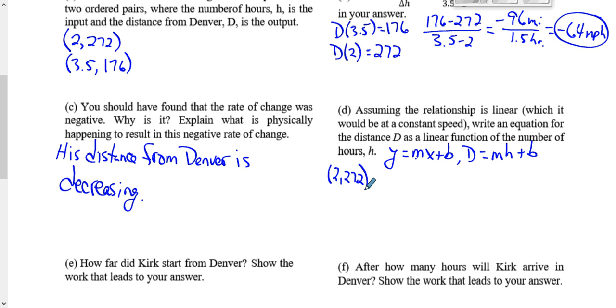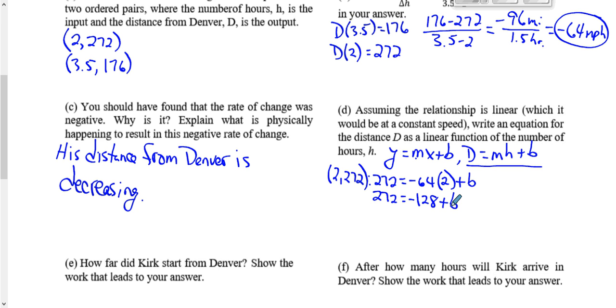Okay, so we're going to use this guy here. What do I replace the D with? 272 equals what? Negative 64 times 2 plus B. So let's find what B is. So 272 equals negative 128 plus B, right?